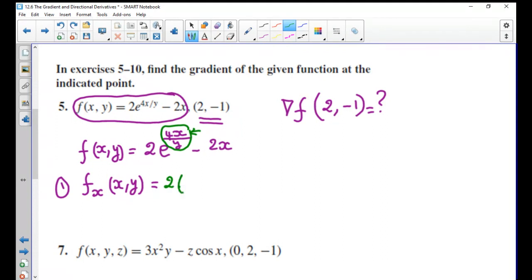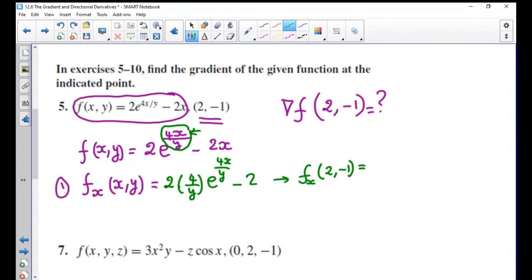Yes, it's 4 over y. Exactly. e to the 4x over y, minus 2.